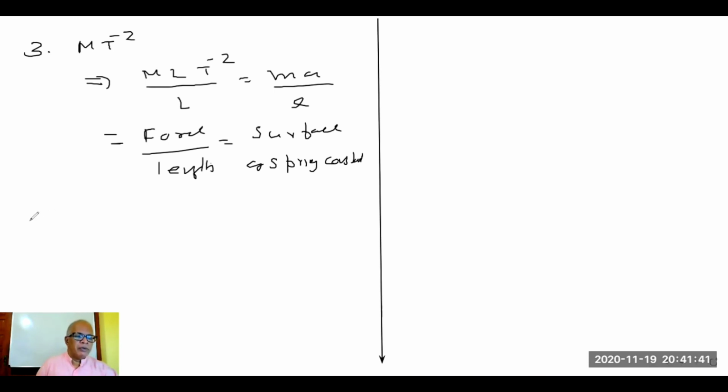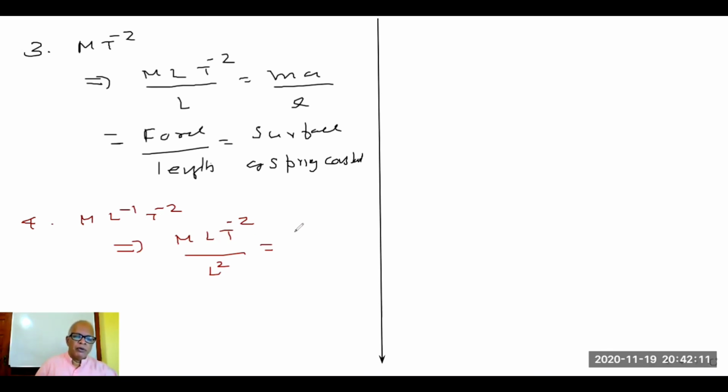The fourth one is ML minus 1 T minus 2. How would I write it? This is the force we know, MLT minus 2, by L square.